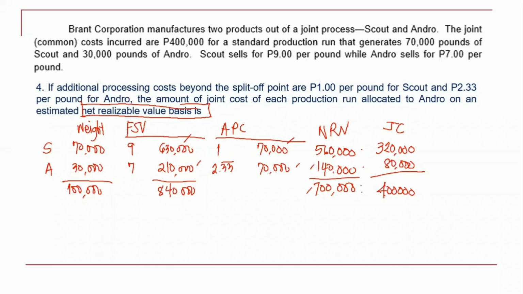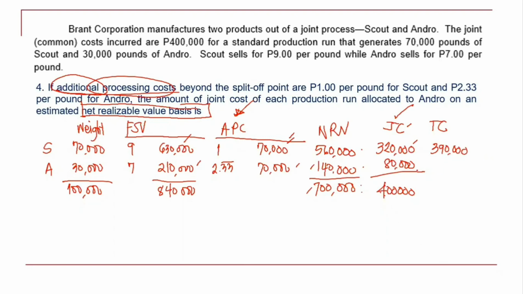Paano pag tinanong unit cost? Hindi pa po joint cost ang pinakabasehan natin. Tandaan, pinaprocess natin to further. So therefore, kailangan makuha natin total cost by adding the joint cost and your additional processing cost. So ang total cost natin for Scout is 320 plus 70. So that would be 390,000.